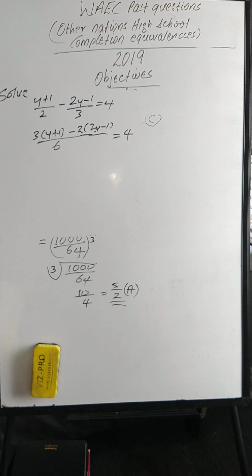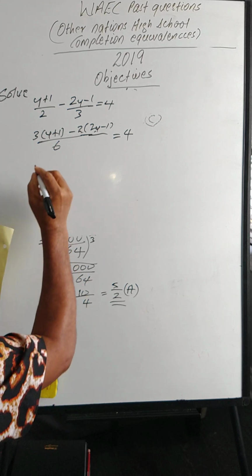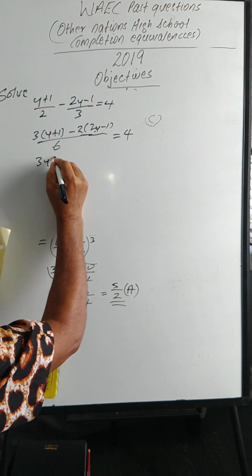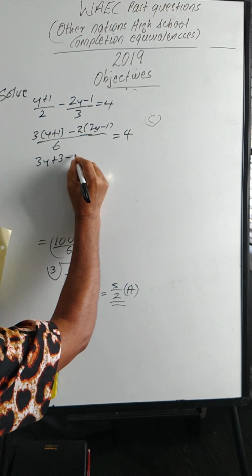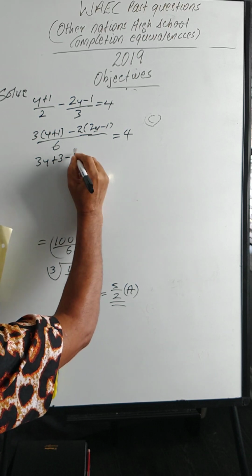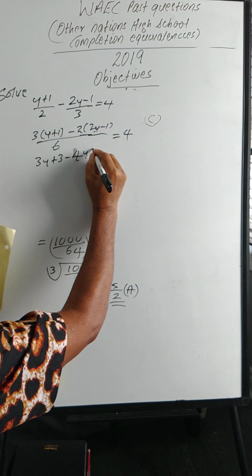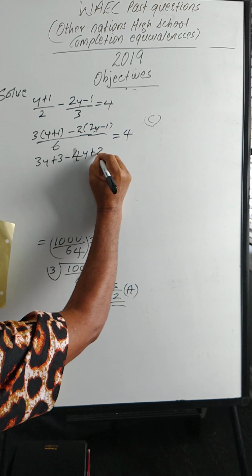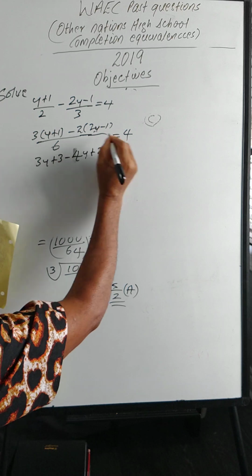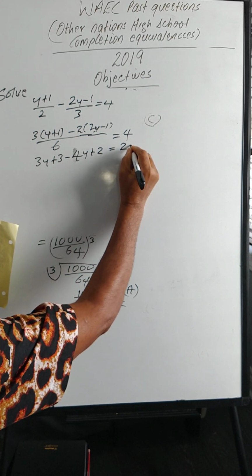We open the bracket and cross multiply. This will be now 3y plus 3 minus 4y. Negative and negative will give us positive. 2 times 1 is 2. Equals to 6 times 4 will give us 24.